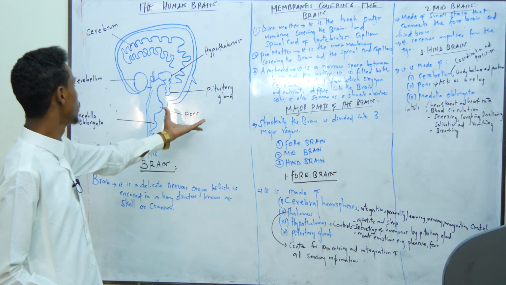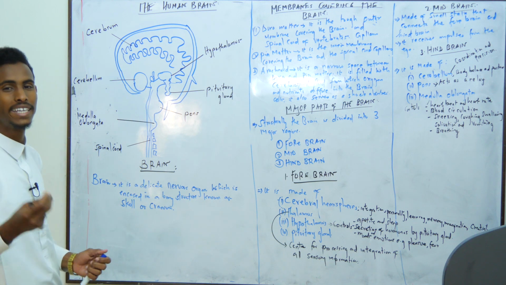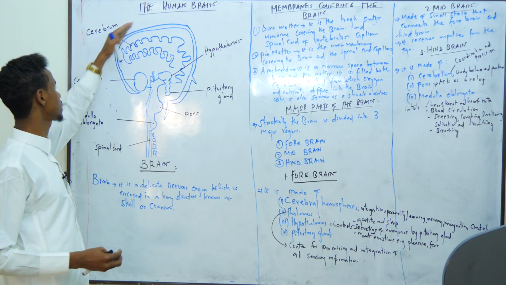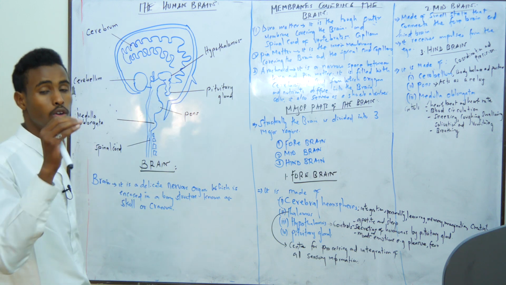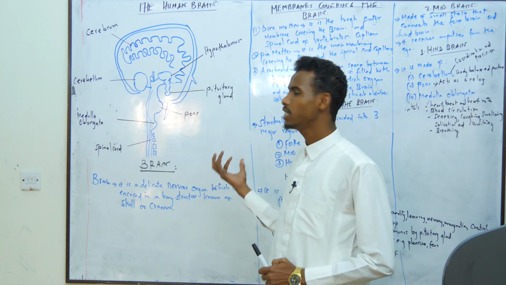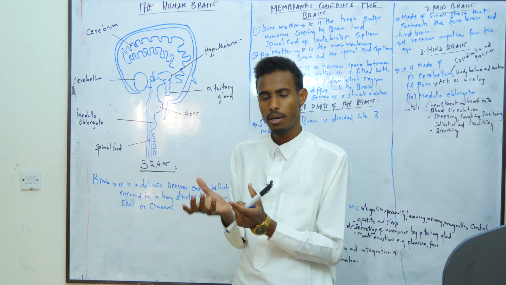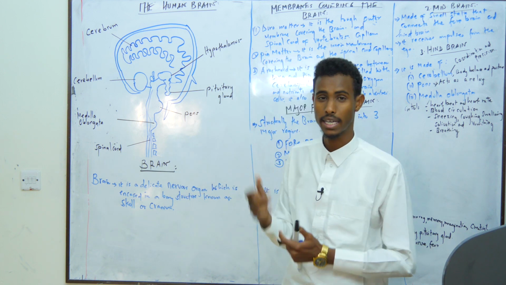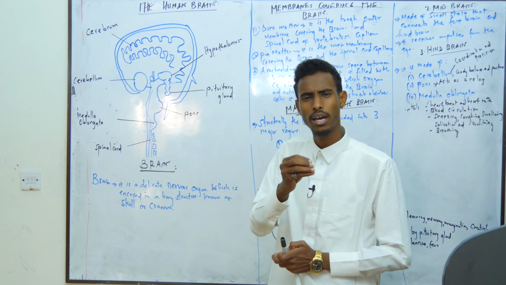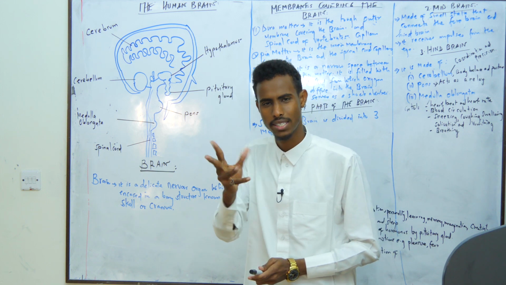Now class, let's look at the human brain and its composition first, and what each part possesses. The human brain is a delicate nervous organ encased in a bony structure known as the skull, or the cranium. The brain is one among the organs in the central nervous system.